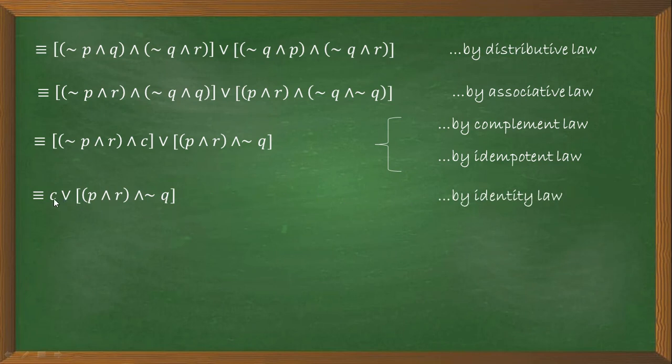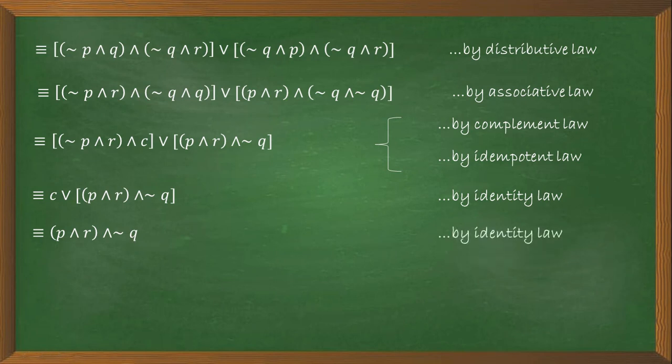Now again the identity law is applicable, because here it is C or, in the square bracket, P and R and negation Q. By the identity law you will get P and R and negation Q. C or this one means we get P and R and negation Q, again by the identity law.